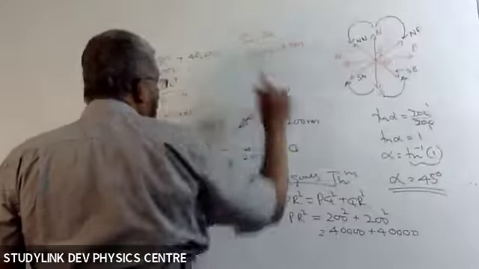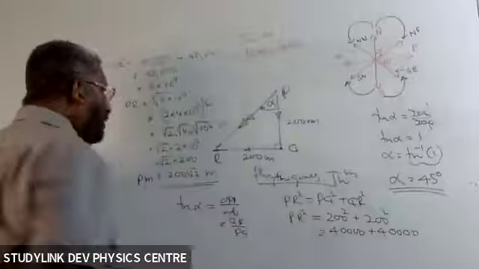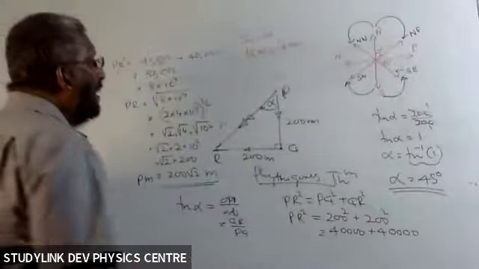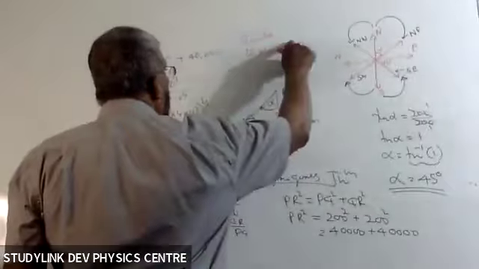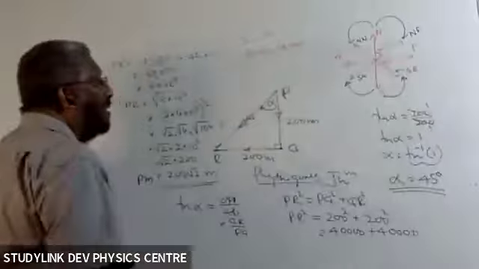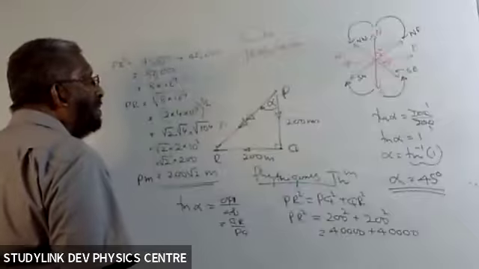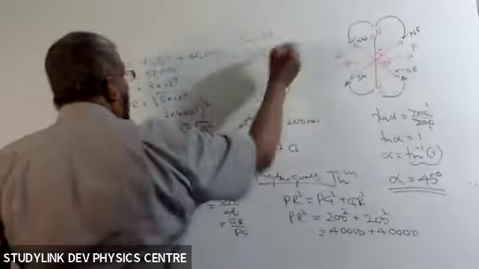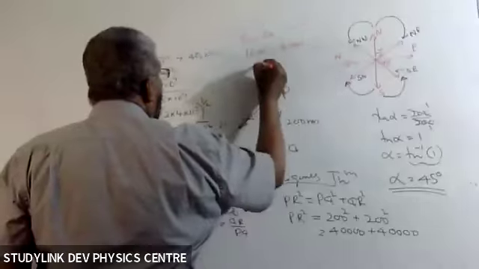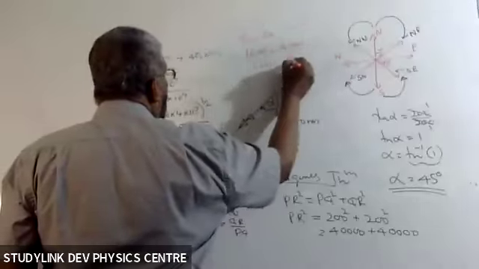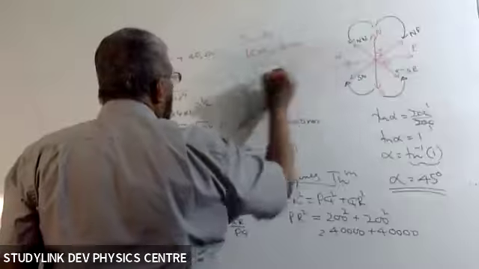Draw and see. Then there is no need to count or calculate like that. So then 1 meter is equal to 1 over 40 centimeters.